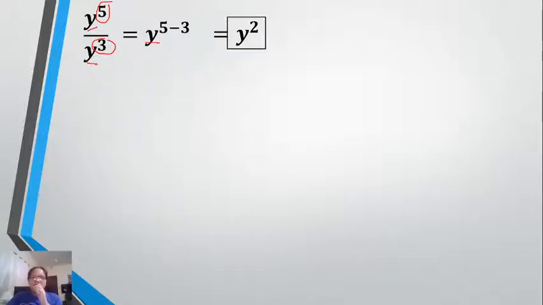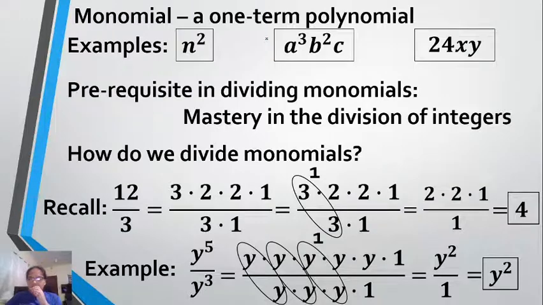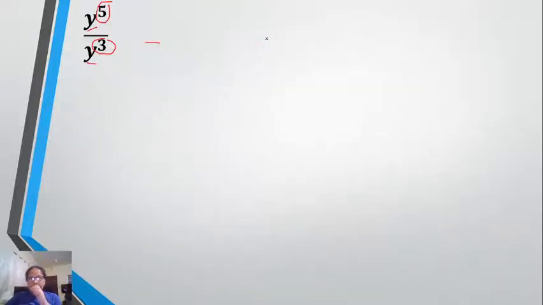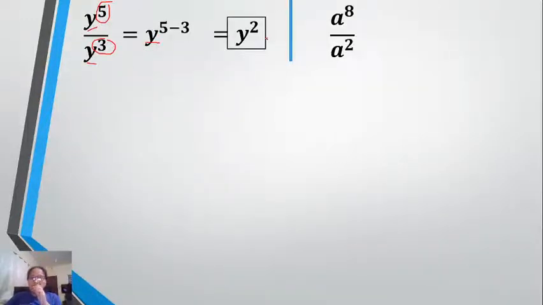So if it's y in the numerator, it's also y in the denominator. 5 minus 3, that's y squared, which is the same with the previous answer that we had. So that means when we divide a raised to 8 divided by a squared, that will give us a raised to 8 minus 2, which is a to the 6th.